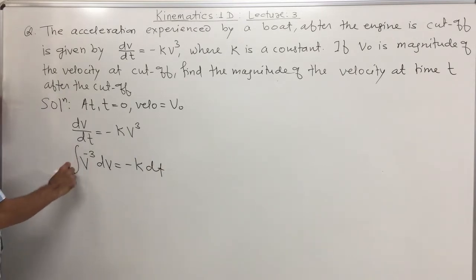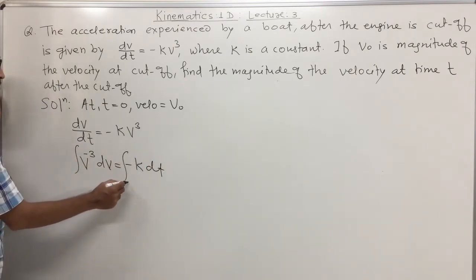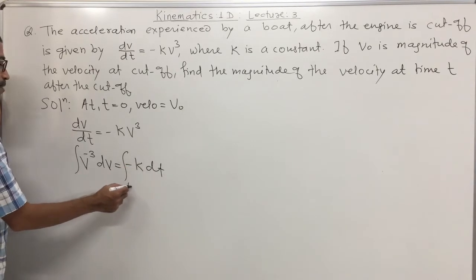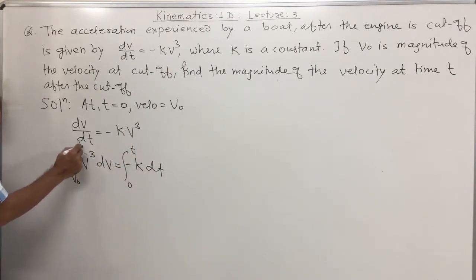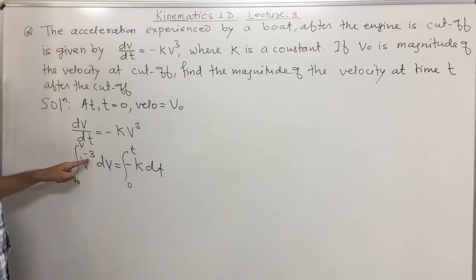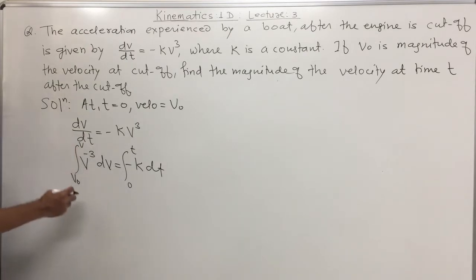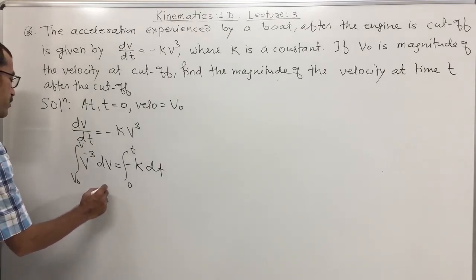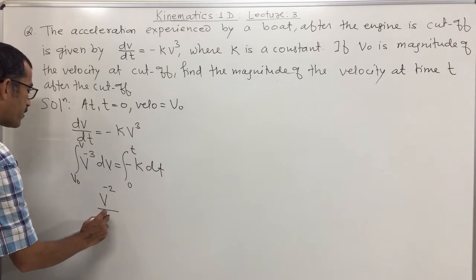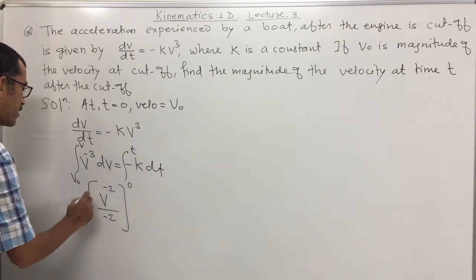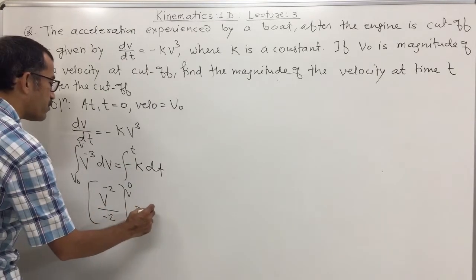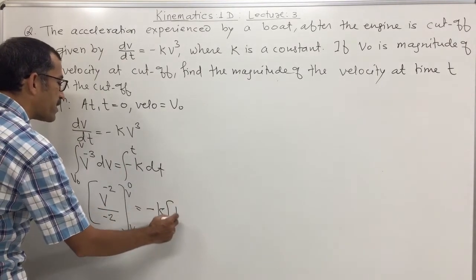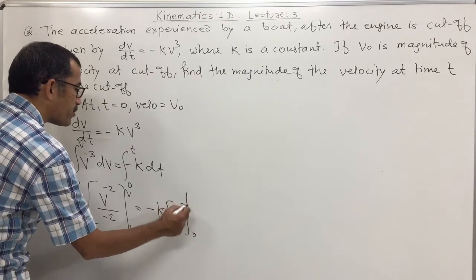Now if we integrate it, t will vary from 0 to t and v from v naught to v, correct. Now v raised to minus 3, if we integrate, this will be v raised to minus 2 upon minus 2, varying from v naught to v, equal to minus k times the integral of dt, t varying from 0 to t.